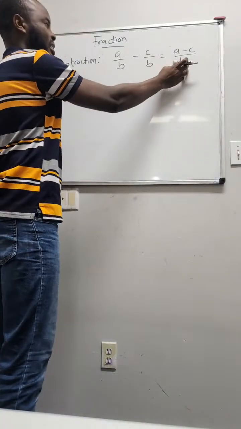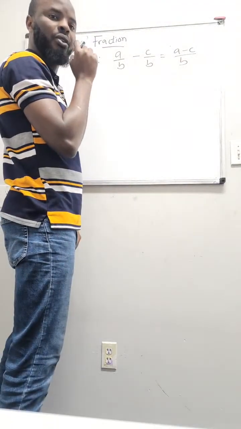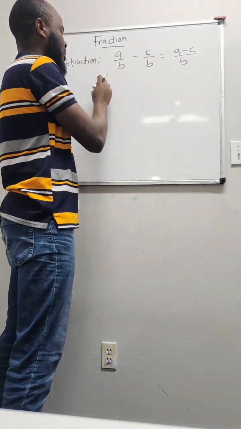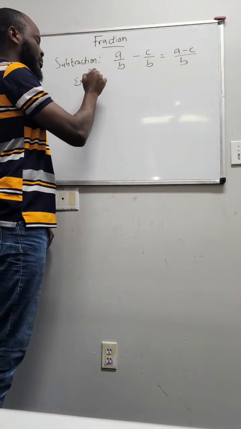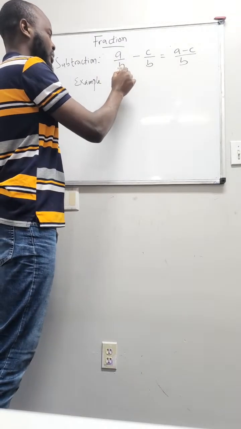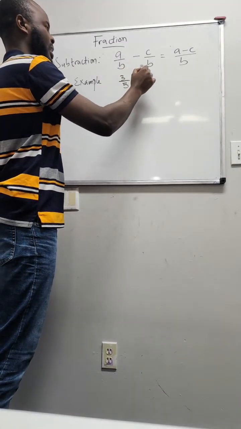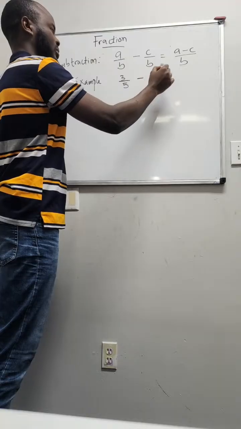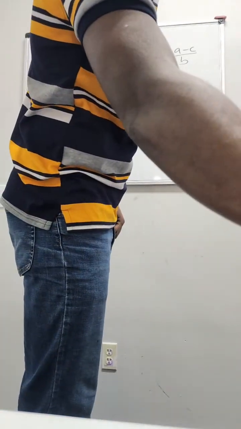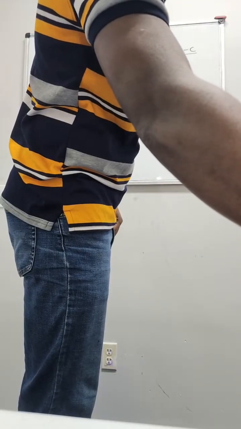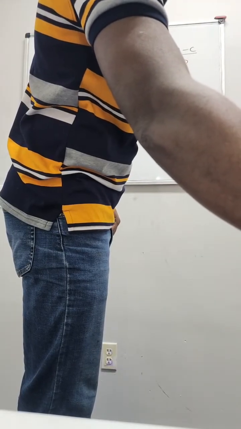Now here we have the same common denominator, and for this same common denominator we have this example. Here we have 3 over 5 minus 1 over 5. Using the same approach, the same rule here, we do it using the same method.